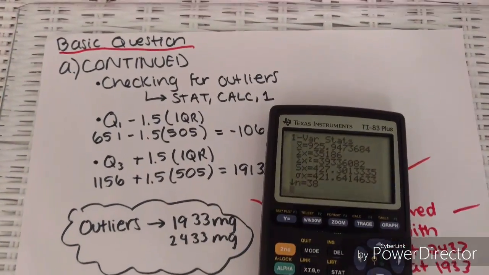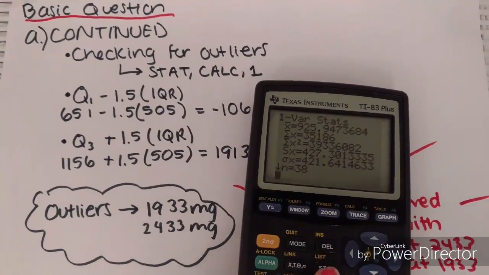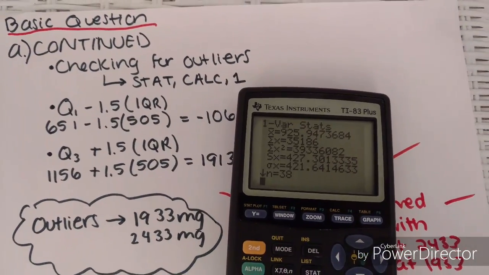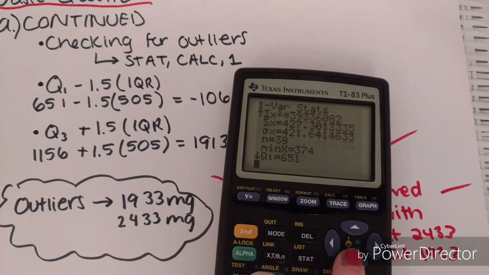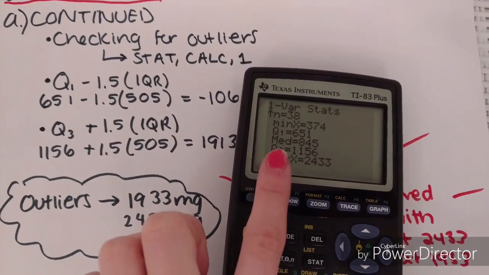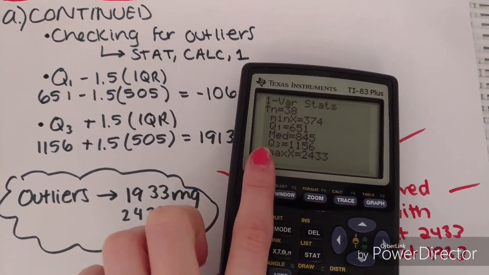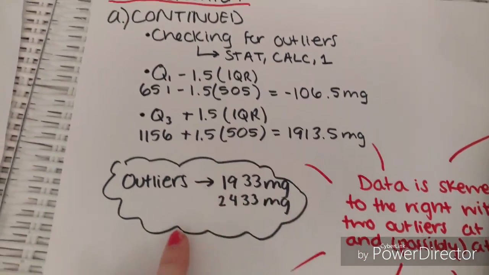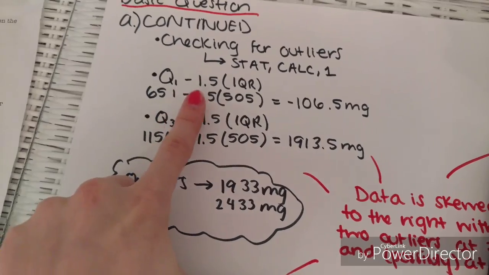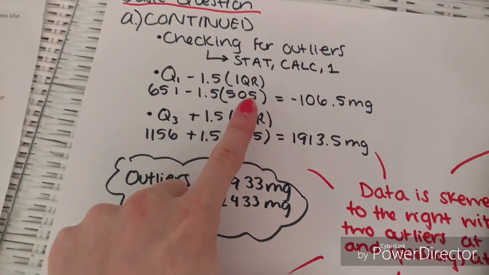that those are legit outliers, we would go to Stat, then over to Calc, and do our 1-Var Stats. From this we can get our Q1 and our Q3, and we use this formula, Q1 minus 1.5 times our interquartile range.